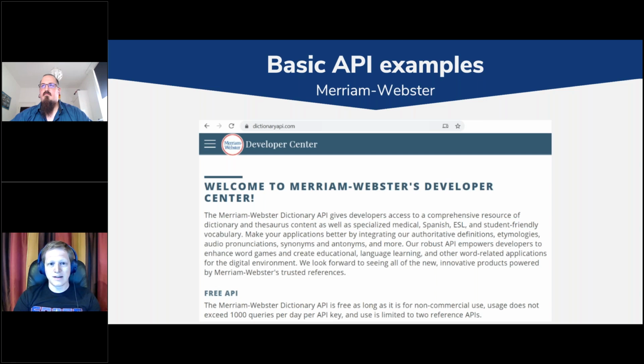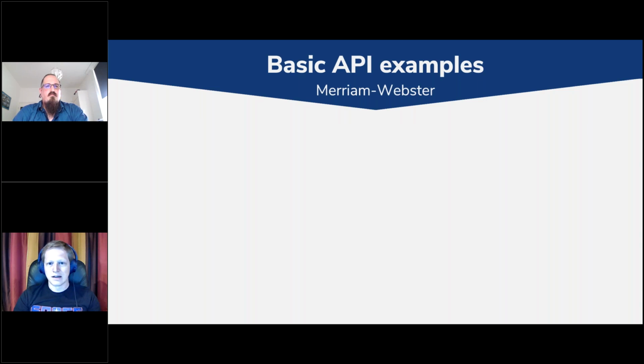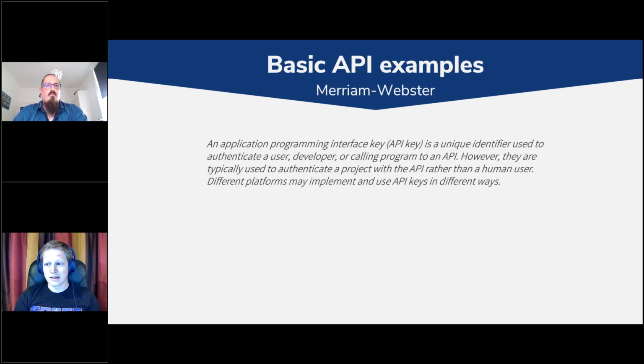Before you can use it, you need an API key. Most APIs aren't open to everyone right away. You need to register for an API key. So you're basically saying, yeah, I'd like to use it, and they give you the key so you can use it. They do this because they can manage who has access to their API, because when you use it a lot, you're consuming resources for which you aren't paying anything.